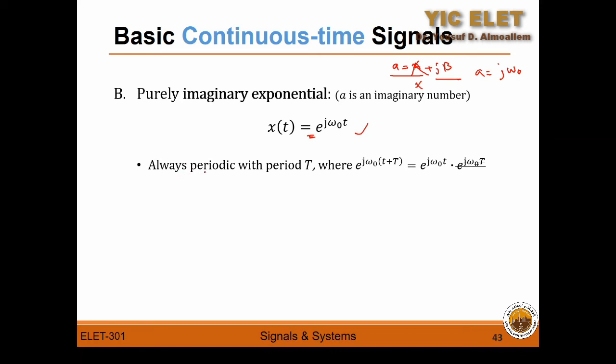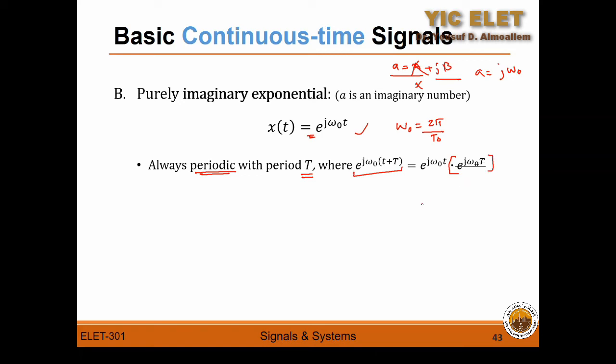Let's see what is going on in this. These signals will always be periodic, and the period is T. The omega naught is equal to 2 pi over T naught. And why is it always periodic? If you separate these into 2 parts, this will be equal to 1.